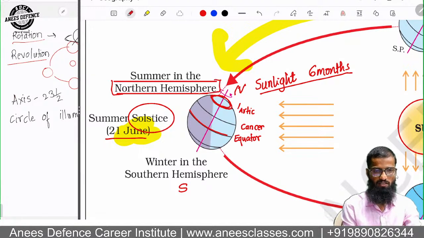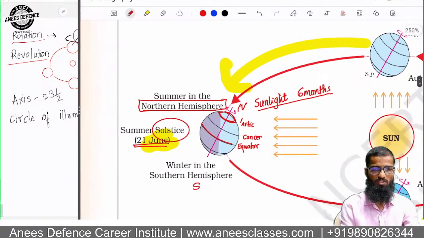So if you look at this, in the northern hemisphere on the 21st of June, you have continuous 6 months day on the North Pole. It is called the summer solstice. Remember this.